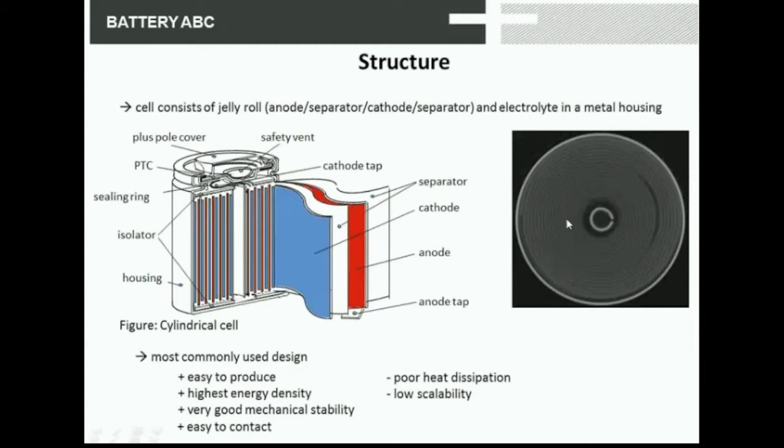Here you see a picture, top view, of an open cell. It is definitely the most commonly used design in the world. It is very easy to produce, has the highest energy density, is very good mechanically stable, and easy to contact. The disadvantages: it has poor heat dissipation and the scalability is low.